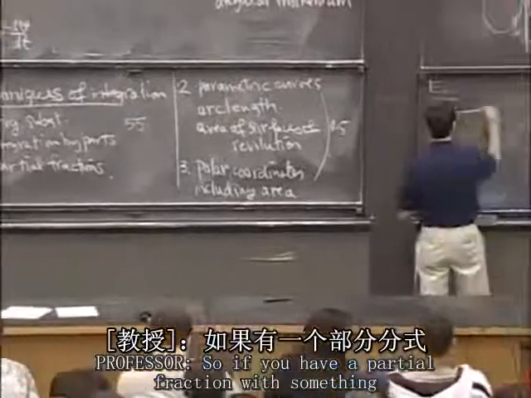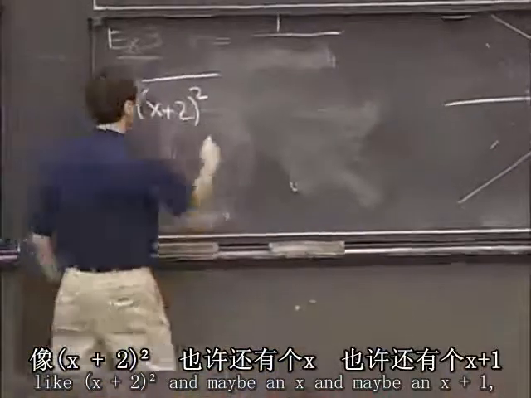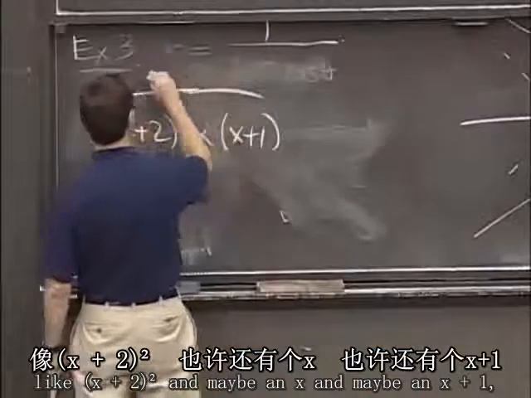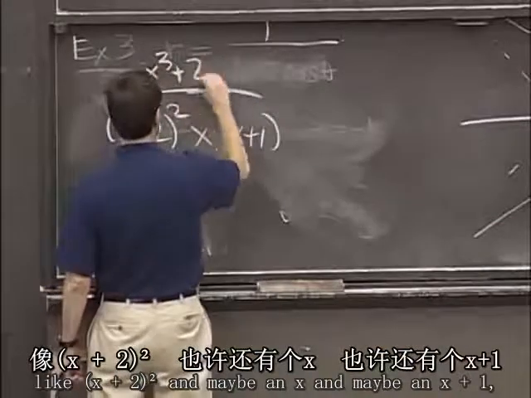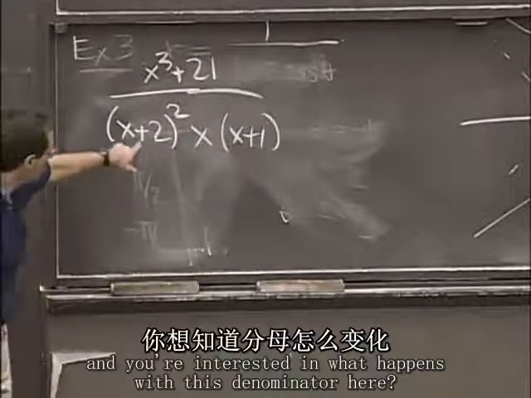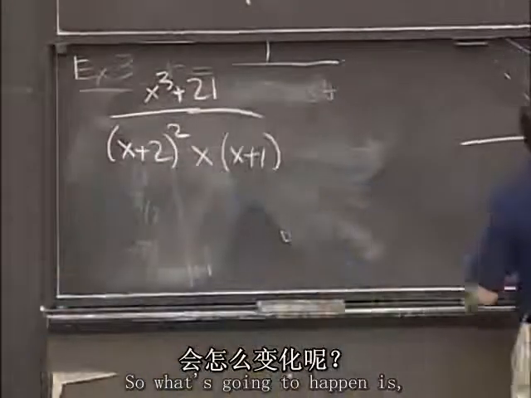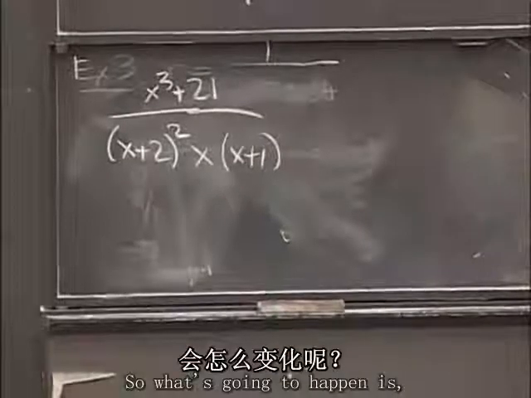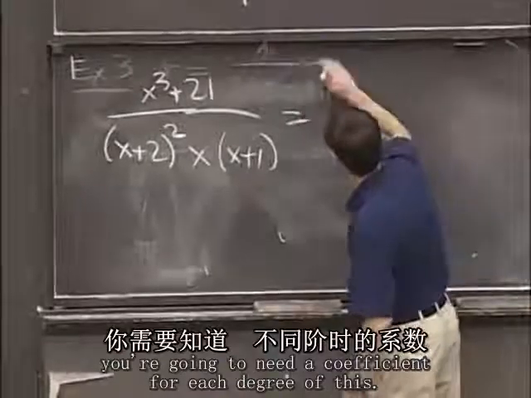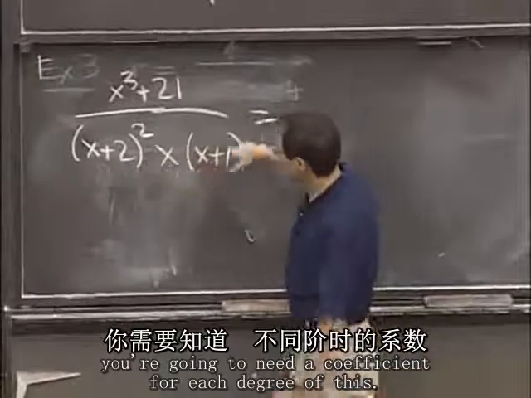So if you have a partial fraction with something like x plus 2 quantity squared in it, and maybe an x, and maybe an x plus 1, you're going to need a coefficient for each degree of this.